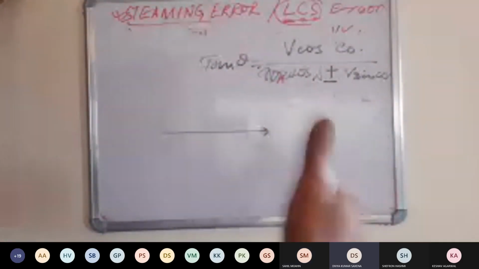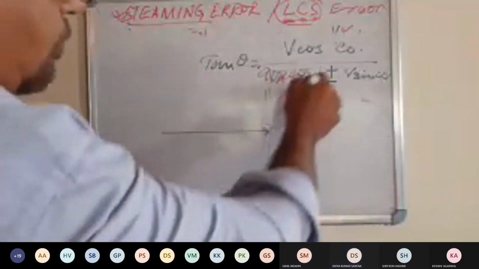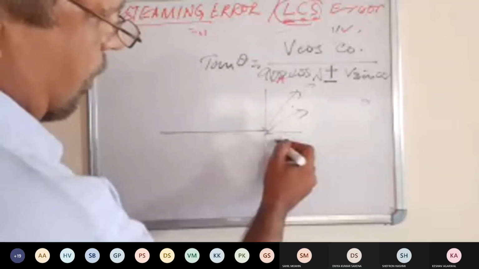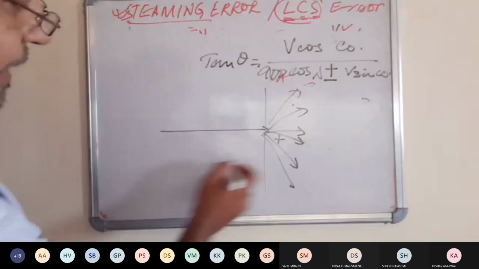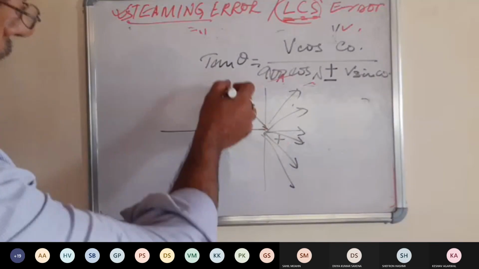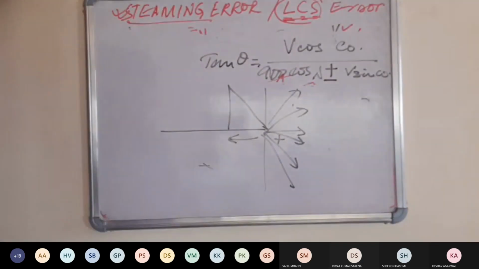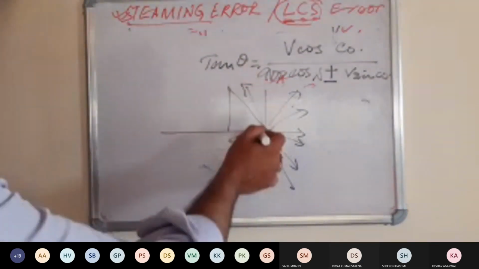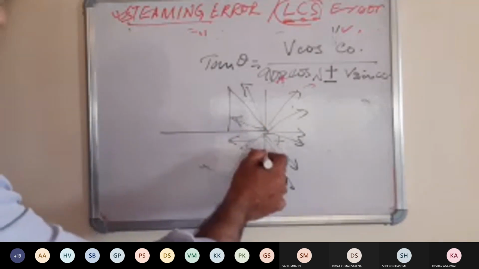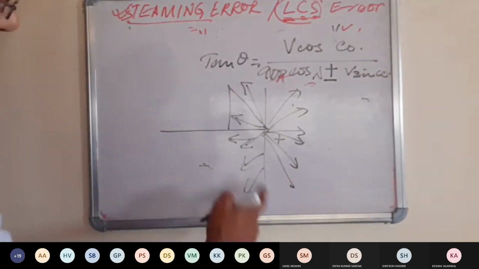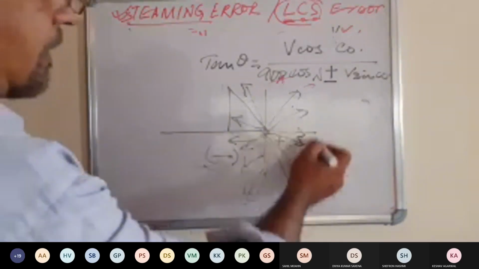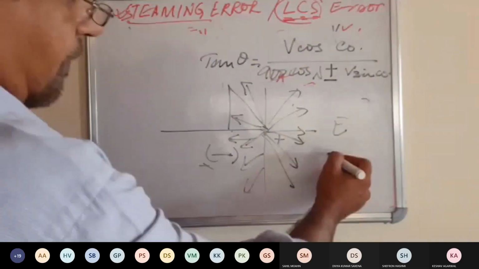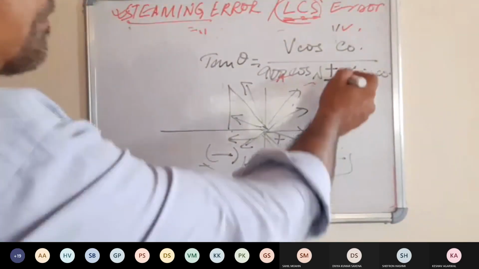Bravo, bingo. Anything going on this side will always be plus, anything going on this side will be minus. Any westerly course, all the time it will be minus. All the easterly courses it will be plus. That's all.